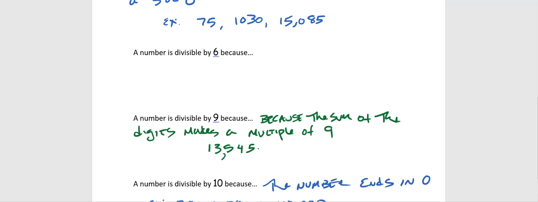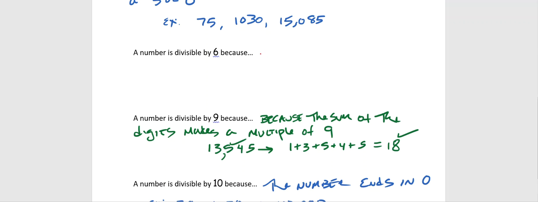Let's make sure I did that right, because if I add 1 plus 3 plus 5 plus 4 plus 5, well, I knew 1 plus 3 plus 5 was 9 already, and that's another 9, and that gave me 18. And since 9 goes into 18, I know 9 goes into 13,545.